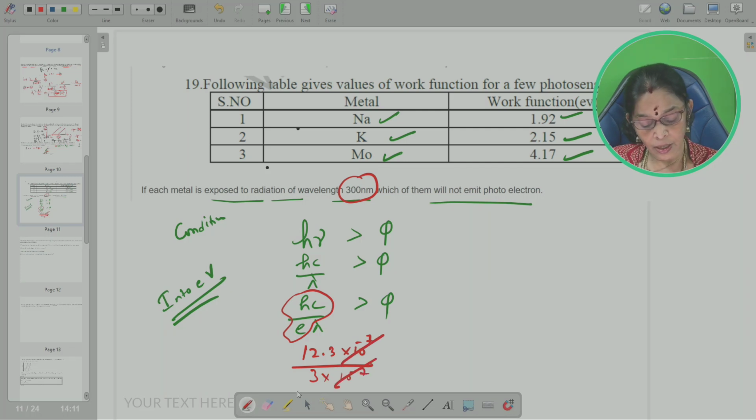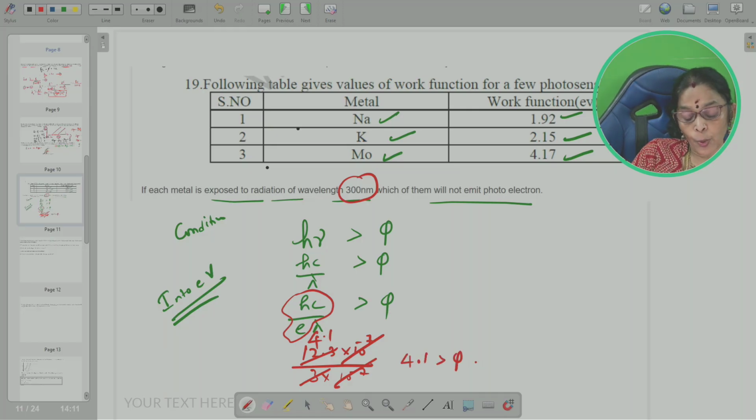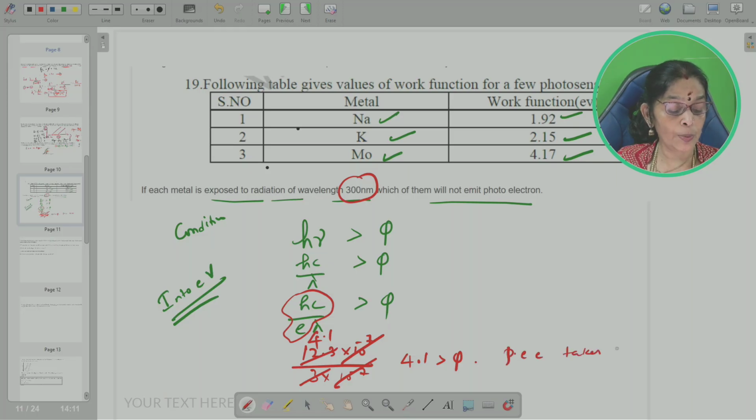The powers get cancelled. 12.3 by 3 is equal to 4.1. So 4.1 should be greater than the work function. If it is greater than the work function, then photoelectric emission takes place. PE takes place only if the incident light energy is greater than the work function.